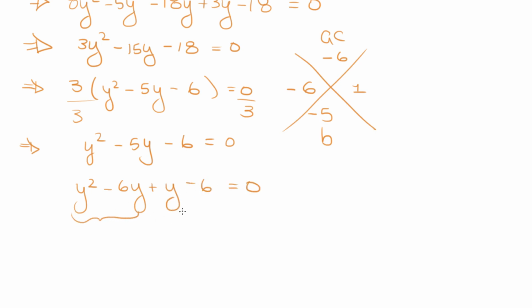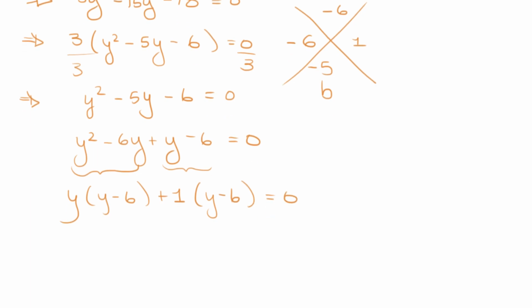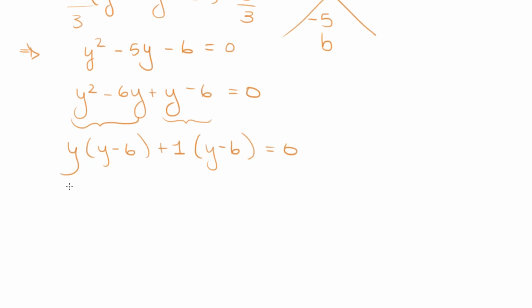We factor the first two and the last two. y times y minus 6, plus 1 times y minus 6 equal to 0. And you have y minus 6 times y plus 1 equal to 0.